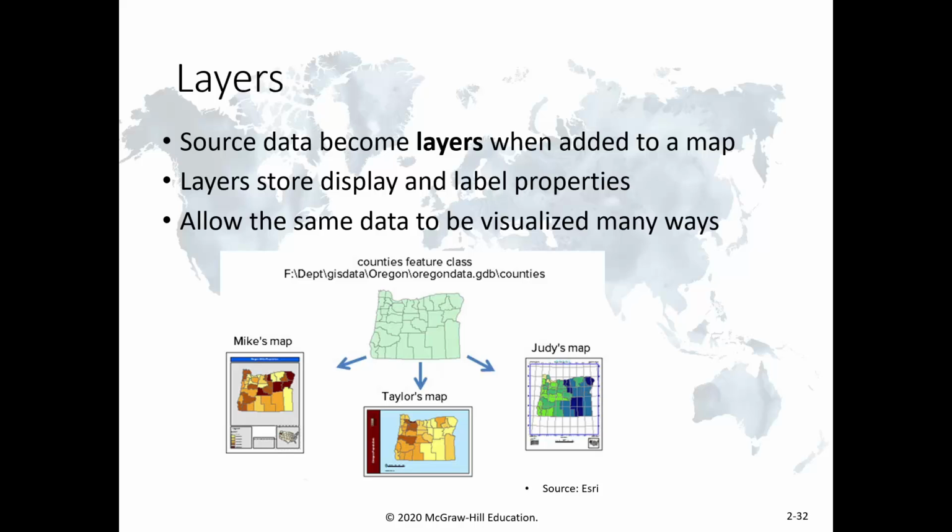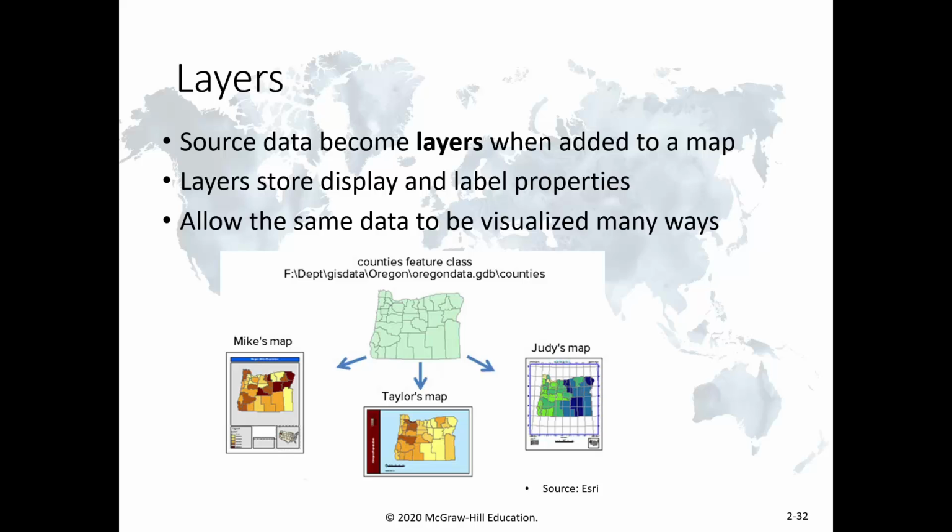But the layers that you pull from the geodatabase into your map contents pane, which actually displays that data on the map, are not inherently linked, meaning that the changes you make in a layer will not automatically be changed or represented in the source data.